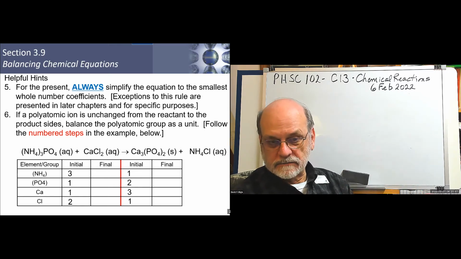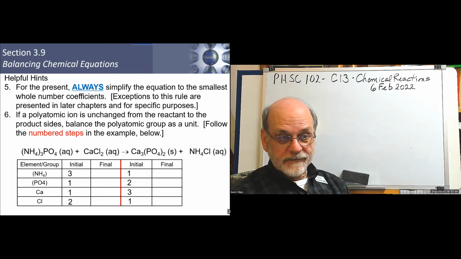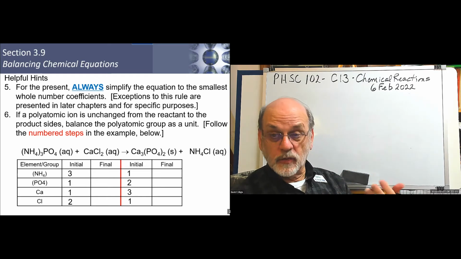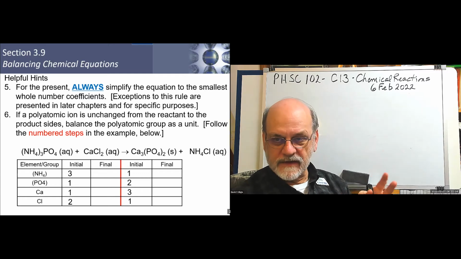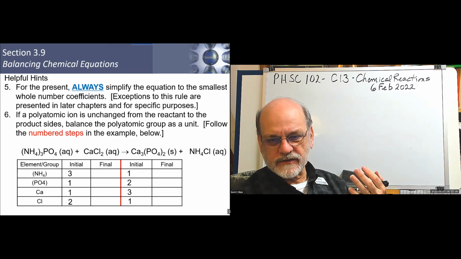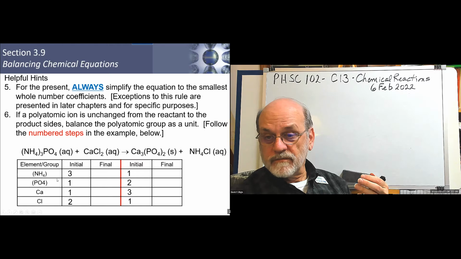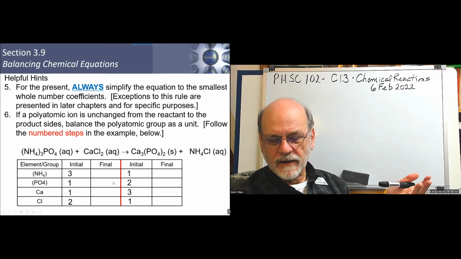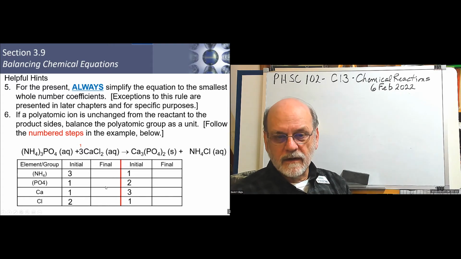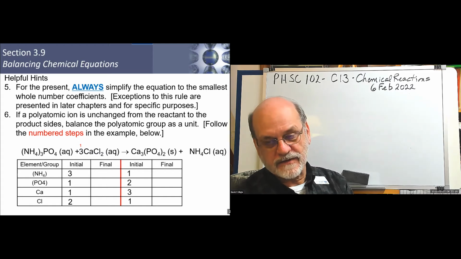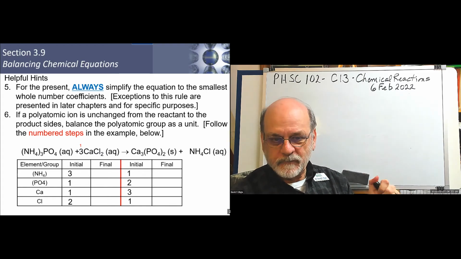Now, where do we start? Well, sometimes it's sort of like intuition. If you do enough of these, then you figure out where to start. None of them are equal at this point, so just start someplace. I think I started with calcium. So we put a 3 there, and there are no single elements in here, so we can't reserve the single elements till last, because they don't exist.